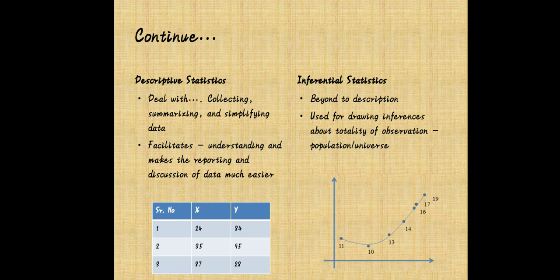Such graphical presentations are inferential statistics, where we can see that the growth of a specific variable started at point 11, but after some period there is a downward slope, and after that downward slope, due to some changes or fluctuations in the market or whatever considerable influence has been exerted on that variable, the variable goes continuously upward. So first there is a downward slope and then an upward slope.